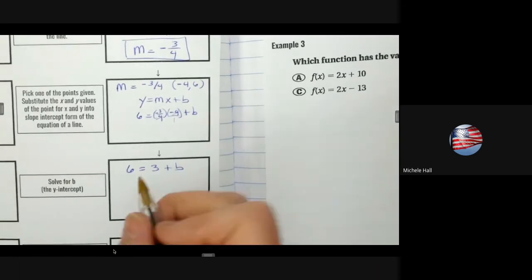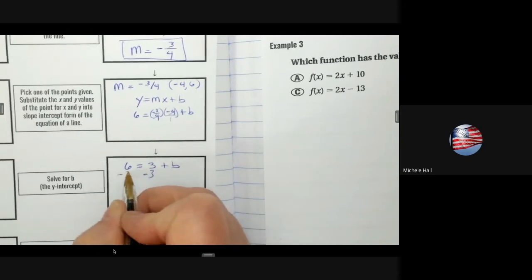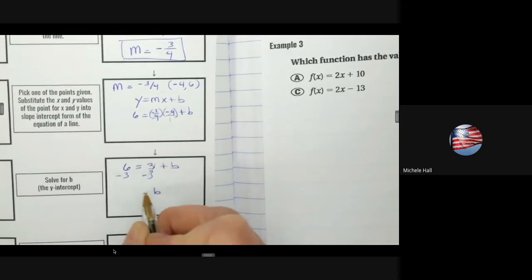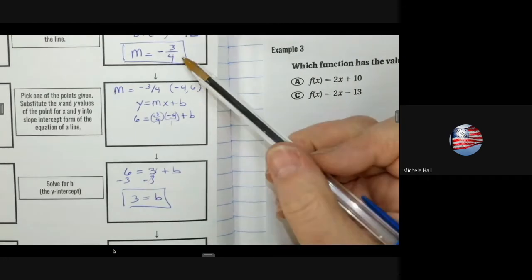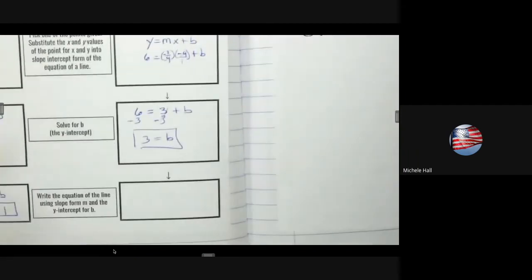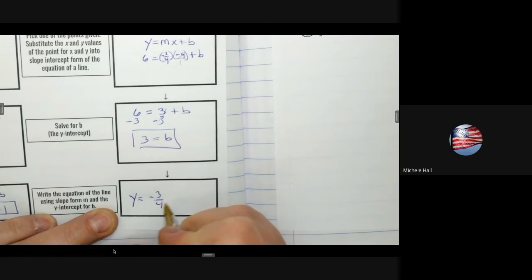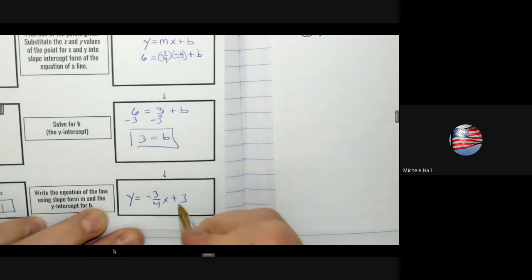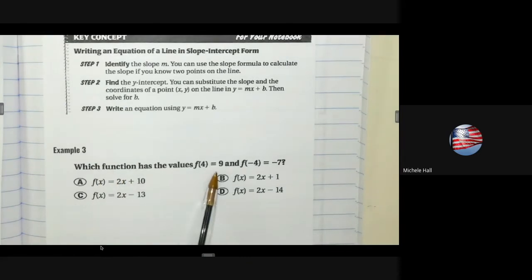And solve for b. b is being added by a positive 3, so I subtract 3, and we get b equals 3. I have m, I have b, and now I'll write my equation. Y equals -3/4 x plus 3.